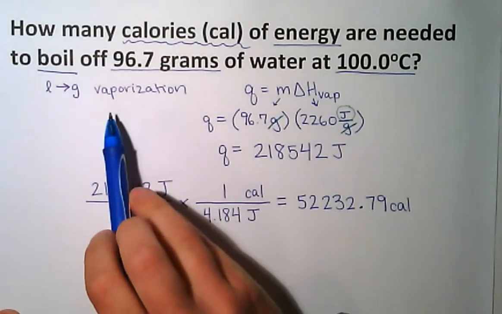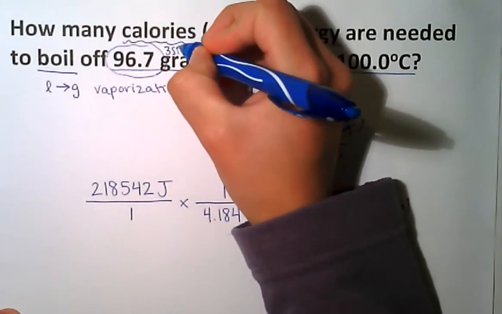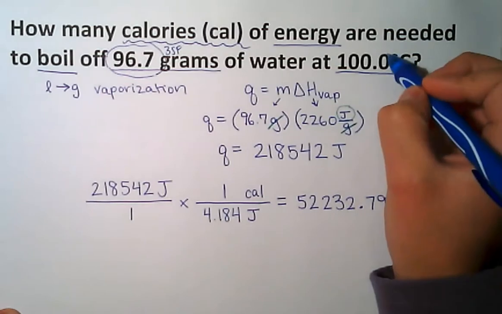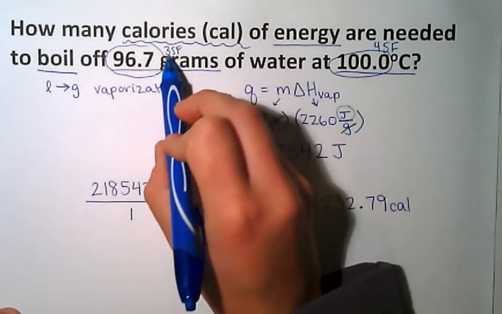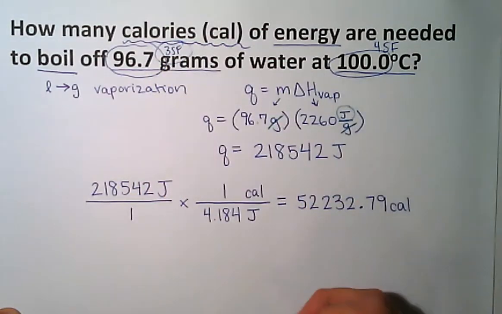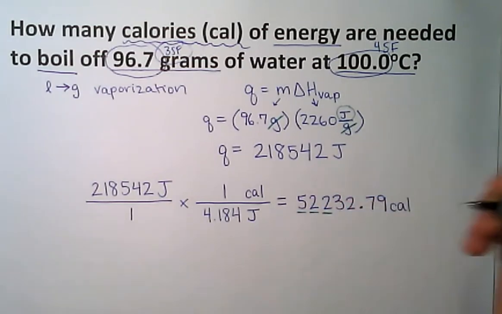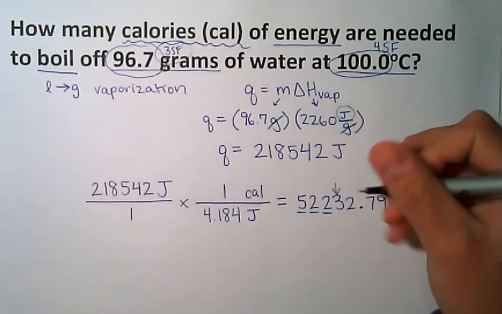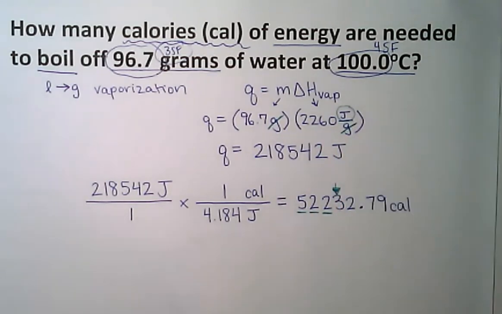Looking back at my problem, 96.7 has 3 significant figures, and then 100.0 has 4 significant figures. So I'm going to round to the least number of sig figs, which is 3. So looking at our answer, we will keep the 5, the 2, and the 2. And then we'll look at that next number over to determine whether the 2 will round up or stay a 2.